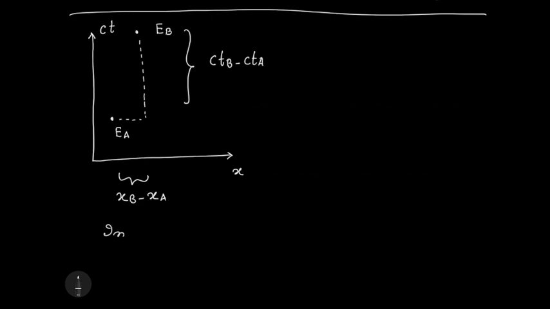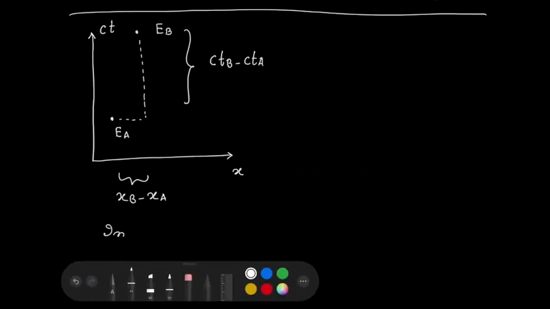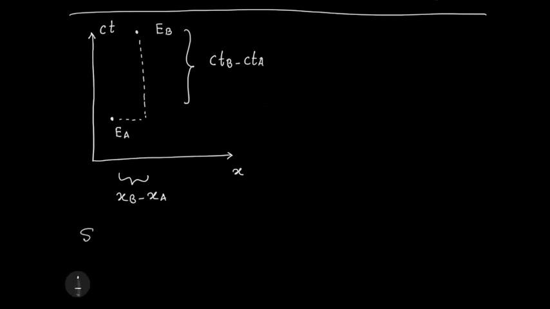And remember the interval, let me write it as SAB square. What is the definition of this? CTB minus CTA square, minus XB minus XA square.